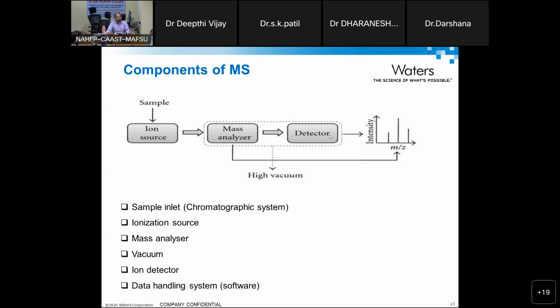If there are any air molecules present in this region, since these ions are highly charged, they will try to interact or collide with those air molecules or other species. To eliminate that, this region has been kept under high vacuum, so that the ions can safely travel from the analyzer to the detector.